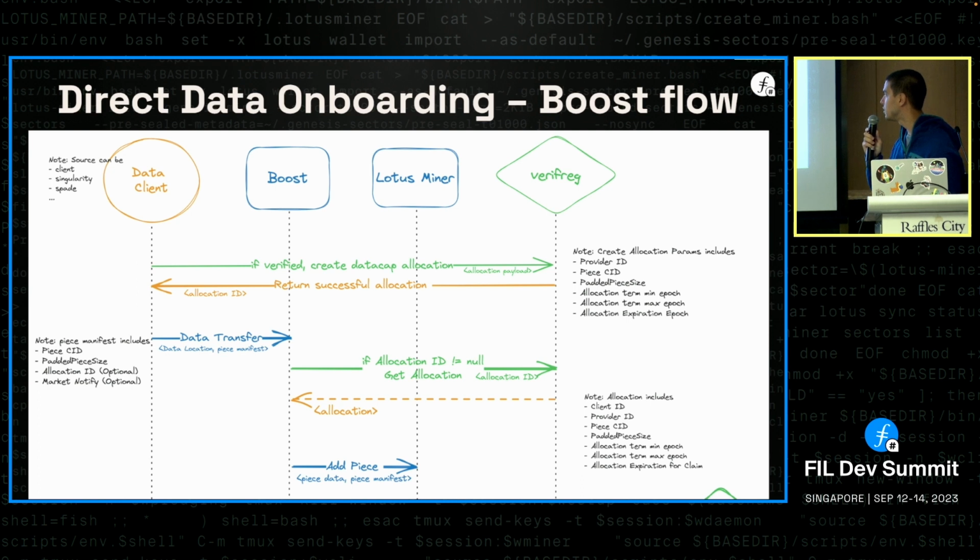If such an allocation exists, Boost adds the piece to Lotus Miner. This is the flow for Fil+ data. A similar flow exists for regular, non-verified deals. In this case, the allocation is not going to exist, so it's up to the SP to decide if they want to handle that kind of data with the specific data client.